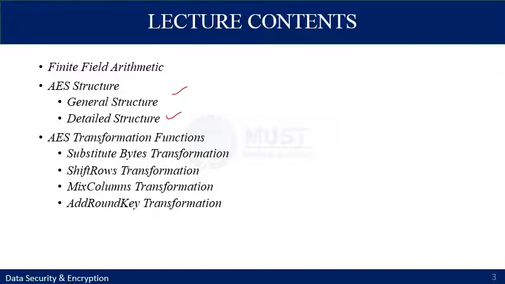So at the end of this lecture, you should be able to present an overview of the general structure of the Advanced Encryption Standard and understand the four transformations used in it.